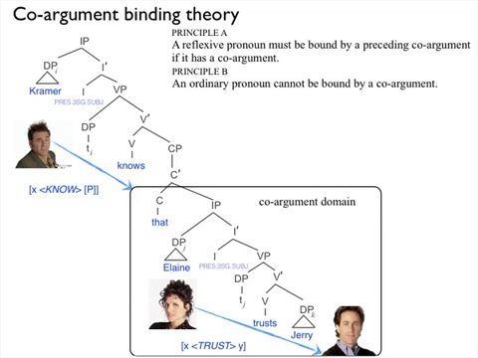And this goes back to a proposal about these things from Noam Chomsky, of course, like everything does, in the early 1980s, where he made up the term binding theory. So he made up the term binding theory, and then people started using that to talk about these constraints.